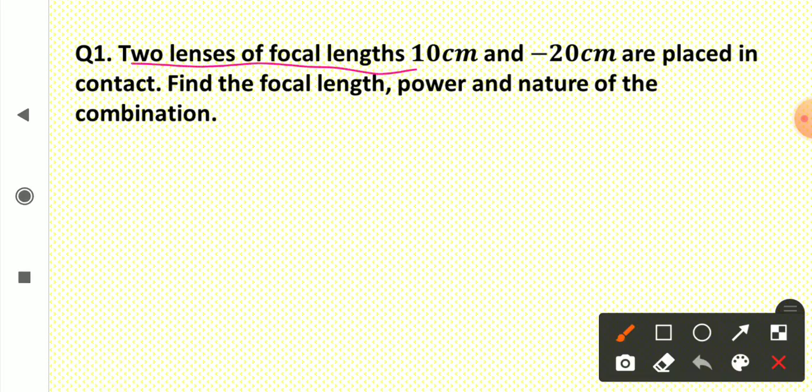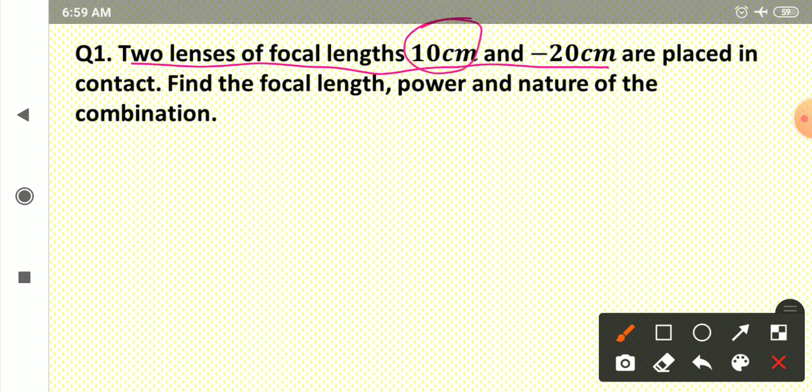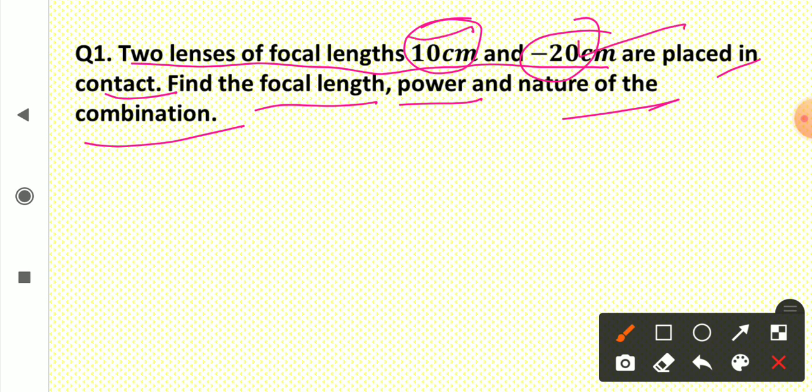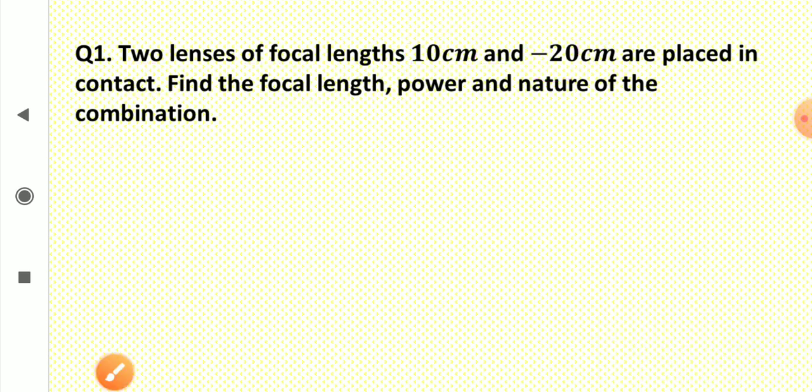Two lenses of focal length 10 cm and minus 20 cm are placed in contact. Find the focal length, power and nature of the combination. So you can see that this one is positive, and positive means it is a convex lens. This one is negative, which means it is a concave lens.